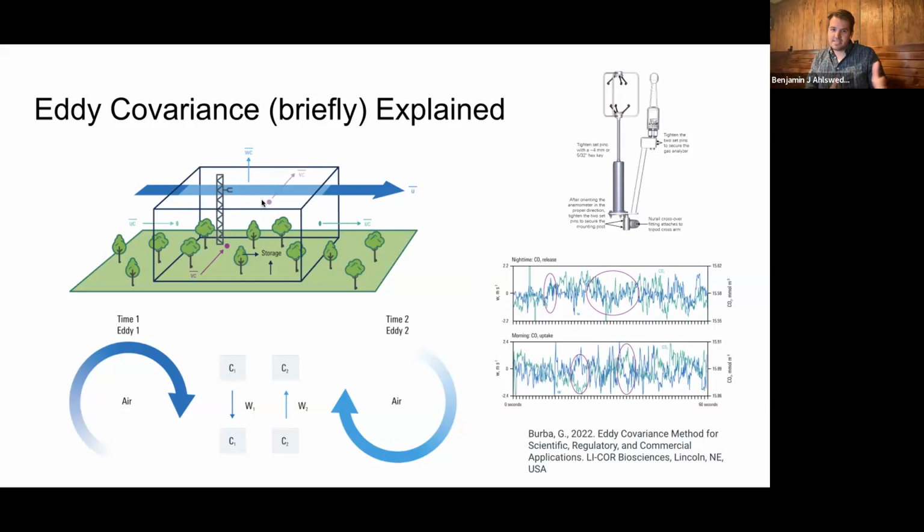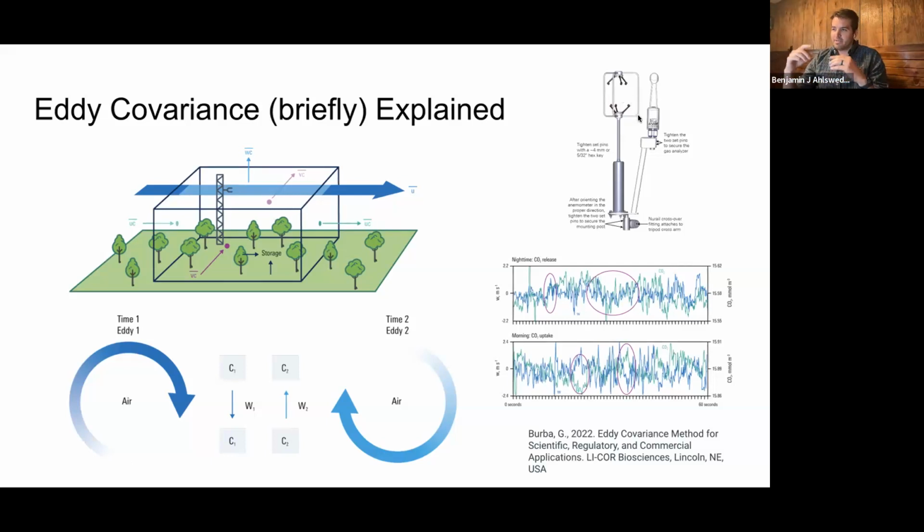Basically, what's coming in is the same as what's going out, and any difference is what's happening vertically between the surface and the atmosphere, and that's what we're interested in. So we have a sonic anemometer pictured up here on the top right, the thing with the three prongs there, and that measures the 3D movement of air at a very high frequency, 20 hertz for that particular instrument, but they can go higher.